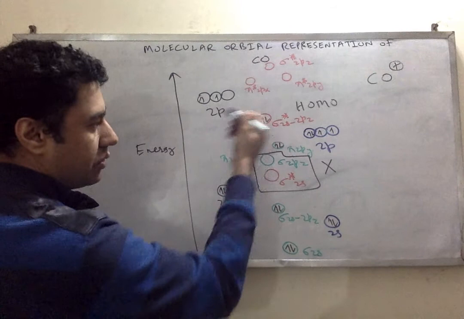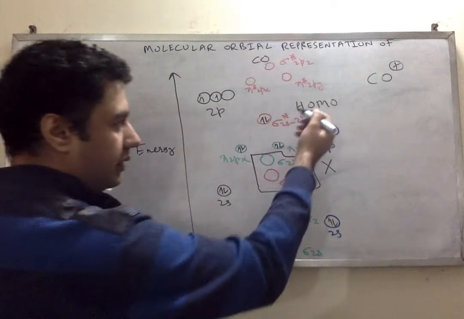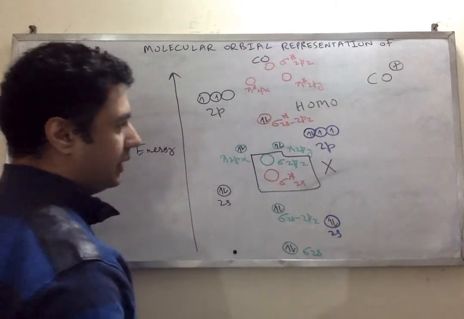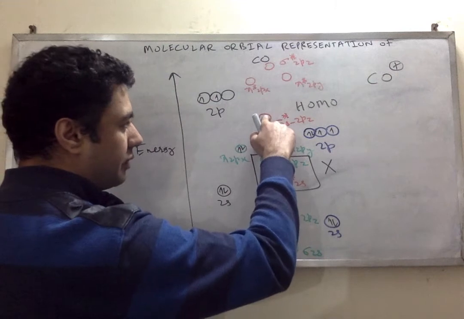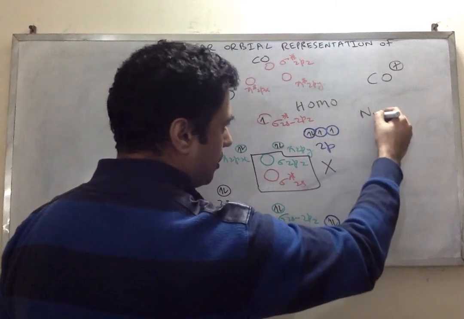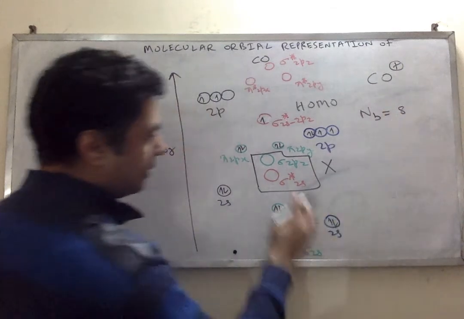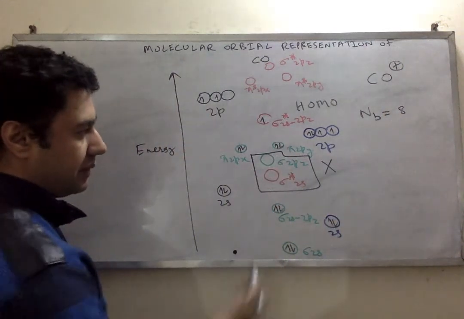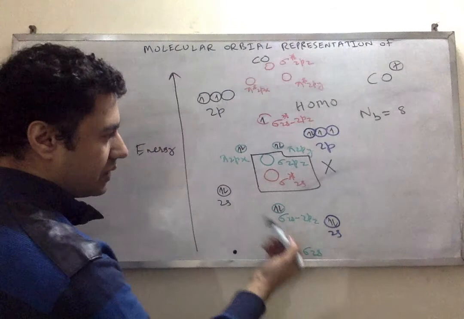So this is the highest occupied molecular orbital, and therefore we will remove an electron from it. When we remove an electron from it, we observe that there is no change in the number of bonding electrons. There are still 8 as previously, 2, 2, 2 plus 2.